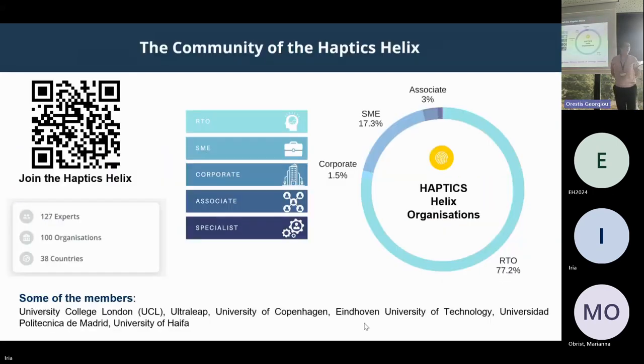So currently on the Haptics Helix, we have more than 120 individual members from 100 organizations and 38 countries. You can see here the diversity of experts that are part of this community. And some of the members included in this community are UCL, Ultraleap, University of Copenhagen, Eindhoven, Universidad Politécnica de Madrid, and University of Haifa.